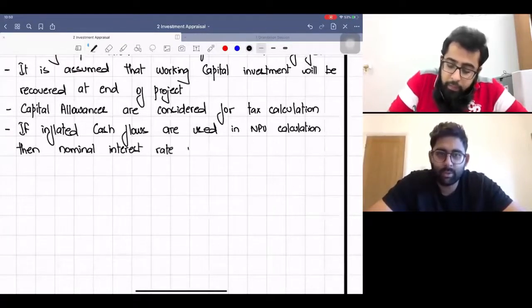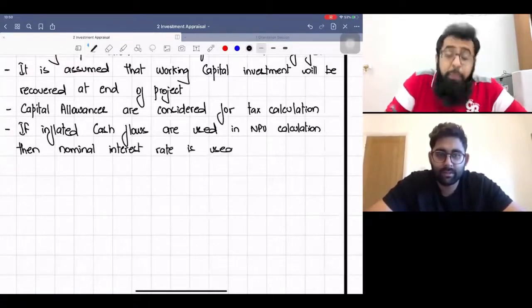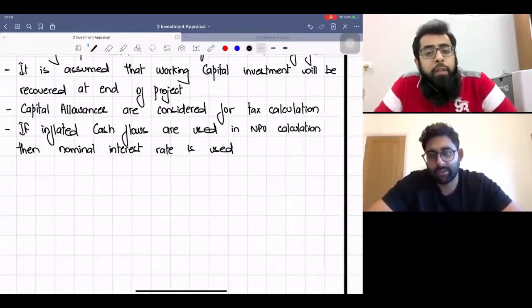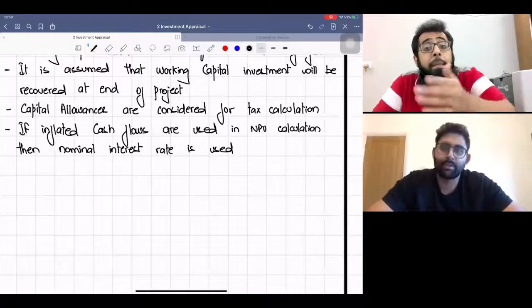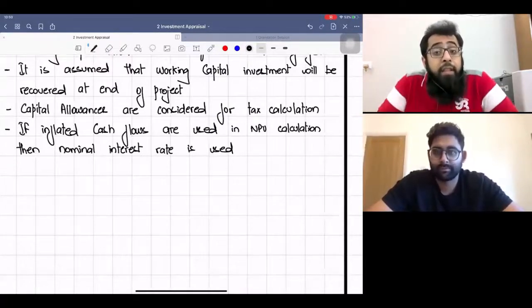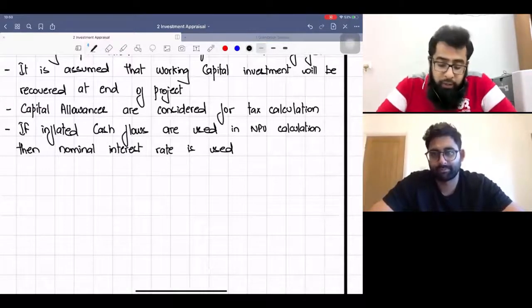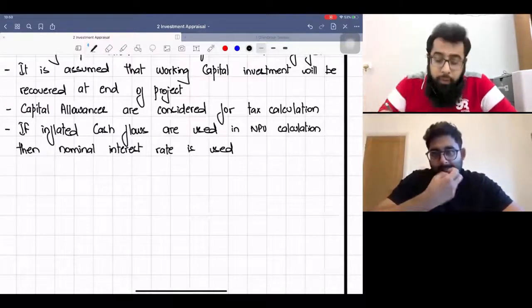When you say inflated cash flows, inflated means that we will consider inflation in the cash flows. For example, for year 1, year 2, year 3, year 4, I will consider the impact of inflation, like if there is yearly inflation.